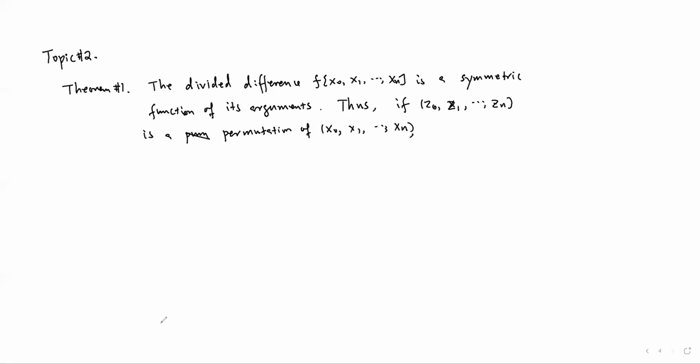Permutation, say for example, 1, 2, 3, 4. Switch some numbers, say 3, 2, 4, 1.